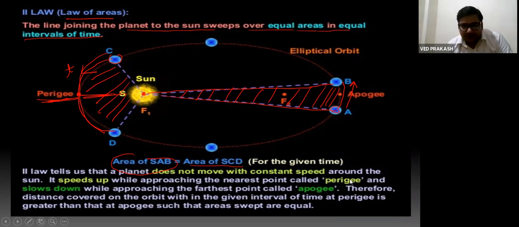So not with constant speed around the sun. It speeds up while approaching the nearest point called perigee, and slows down while approaching the farthest point called apogee. Therefore, the distance covered on the orbit in the given interval of time at perigee is greater than at apogee.